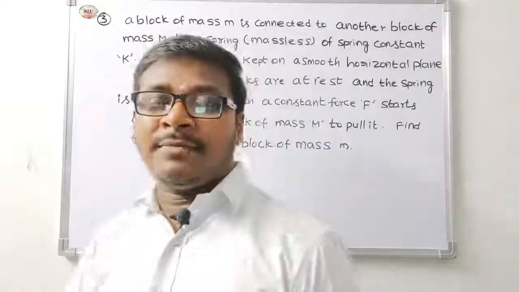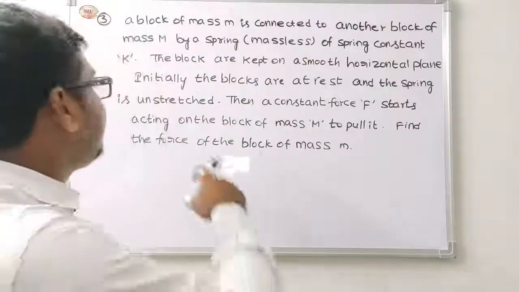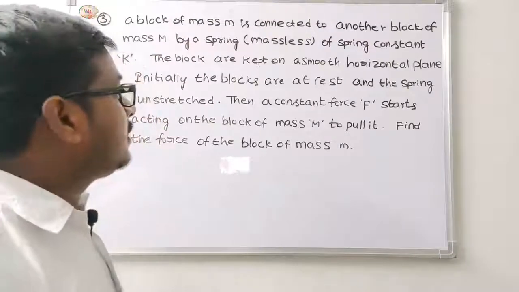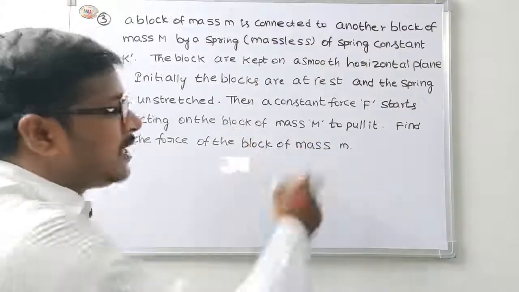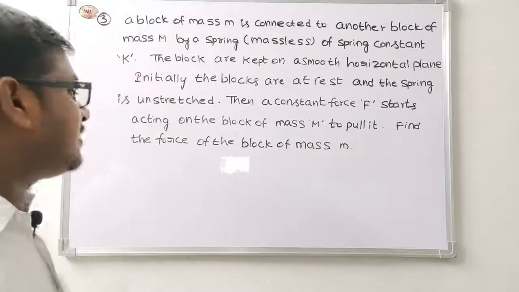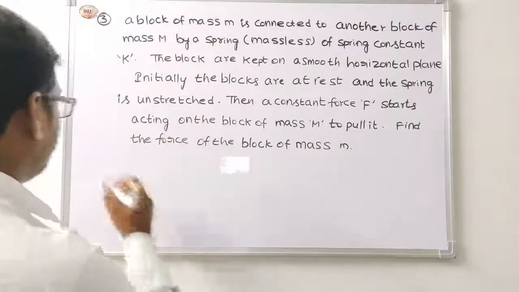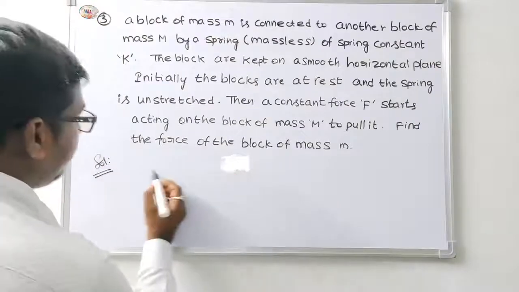Initially the blocks are at rest and the spring is unstretched. Then a constant force F starts acting on the block of mass capital M to pull it. Find the force on the block of mass m. It's a very important problem and very easy.